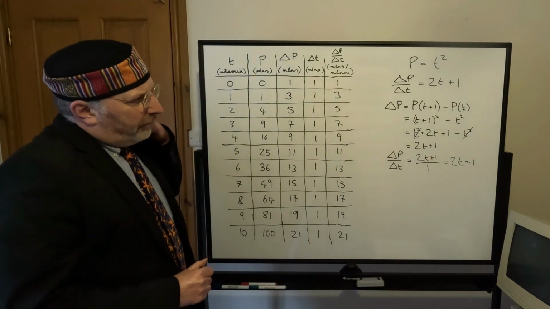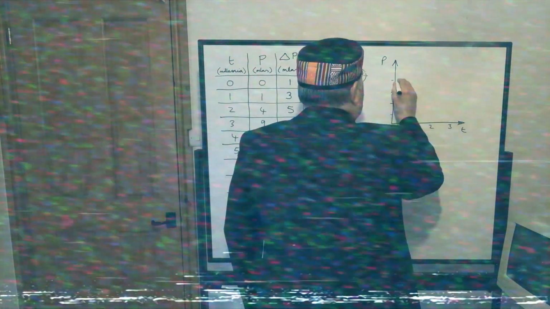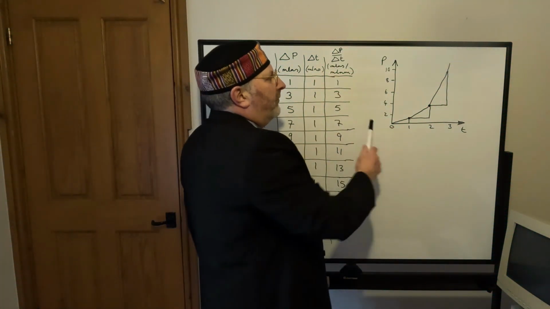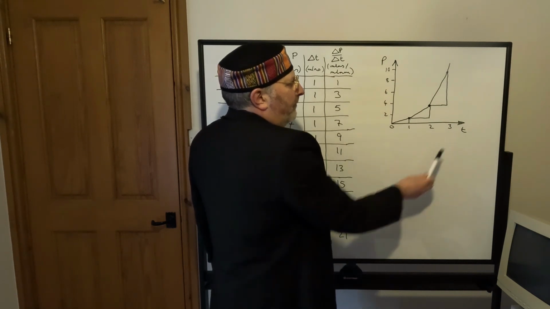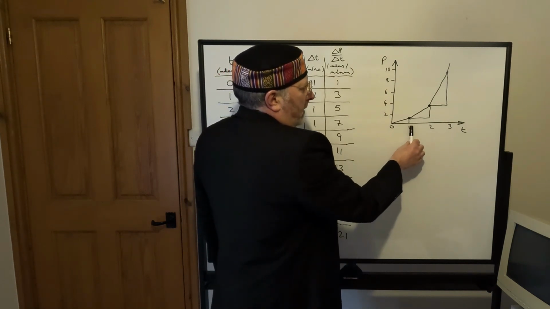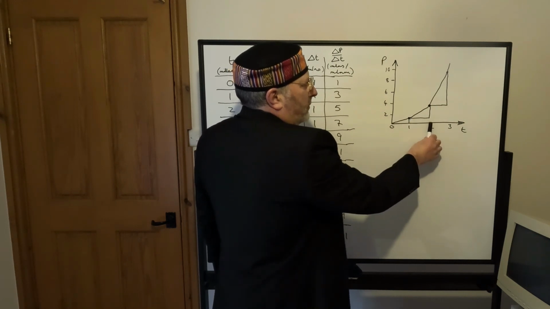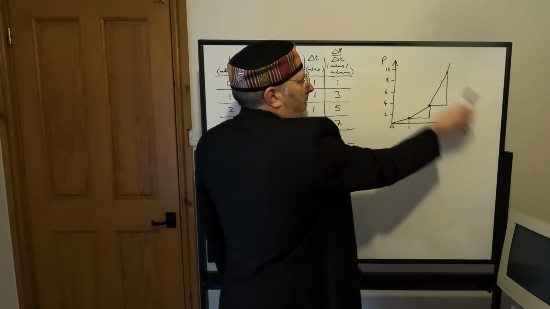Now I want to look at this in a slightly different way for a moment. What I've done is plotted the population p against the time t. So at t equals 1, the population was 1. At time 2, the population was 4. Time 3, the population was 9.